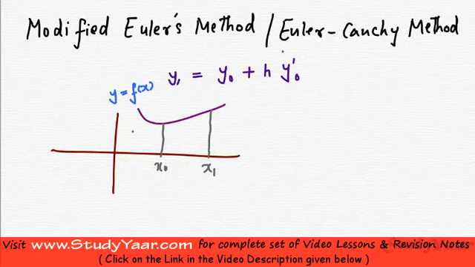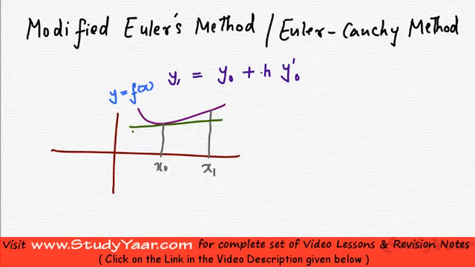Now if you want to calculate your y1, which is over here, let's say that you have a tangent at this point like this. So it's the tangent at x0, y0.